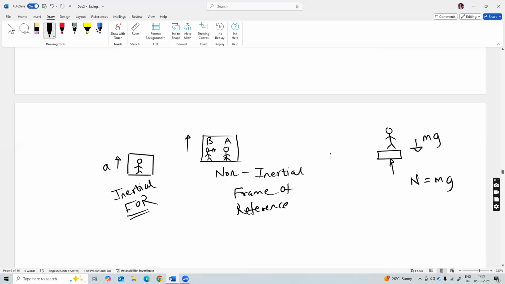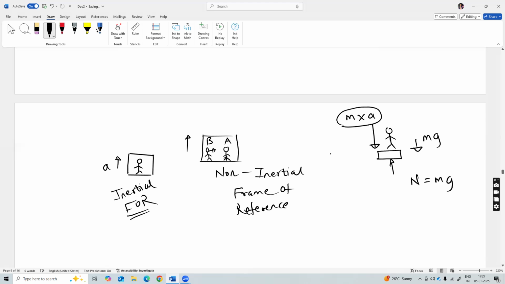But since the person is actually moving with acceleration the same as that of person A, in this case we will apply pseudo force F on this person, which will match mass into acceleration. So that pseudo force will be equal to mass of this person into acceleration of this person.